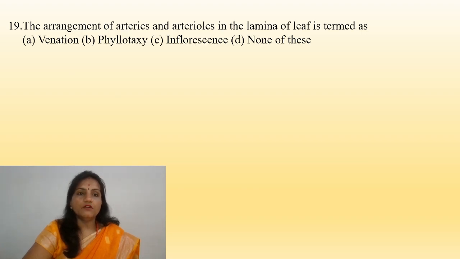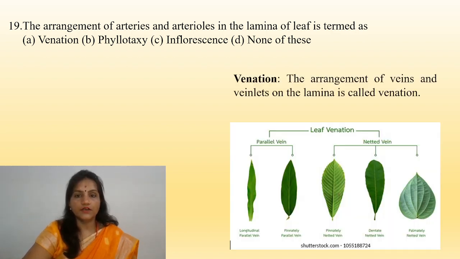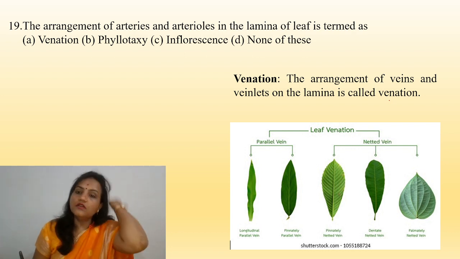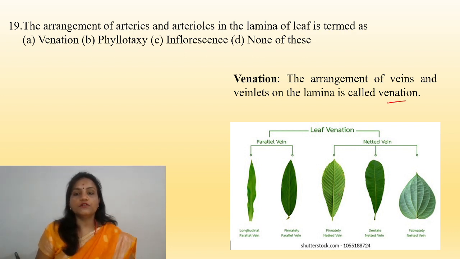The arrangement of veins and veinlets in the lamina of leaf is termed as. Right. In the previous slide you have observed the leaf blade, the arrangement of veins and veinlets. The arrangement of veins and veinlets on the lamina is called venation.